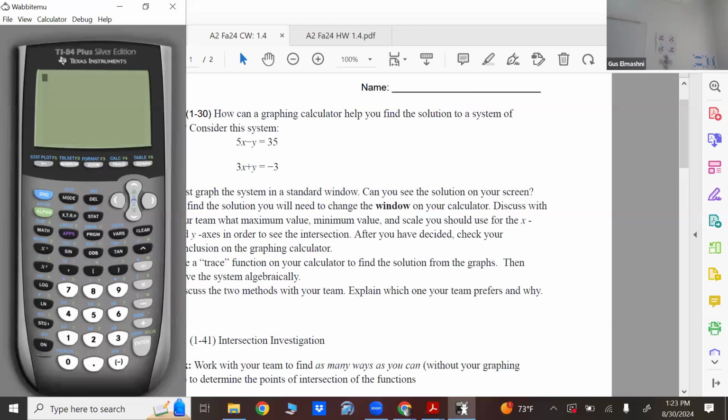Now, we have 2 lines, there are 3 things that could happen. The lines could cross, or they could be parallel, or they could be the same. Now, looking at these coefficients, in order for them to be the same, everything has to be identical or proportional. Like if that were 6x plus 2y equals -6, they'd be identical, right? Because they're proportional. It's just the second one times 2.